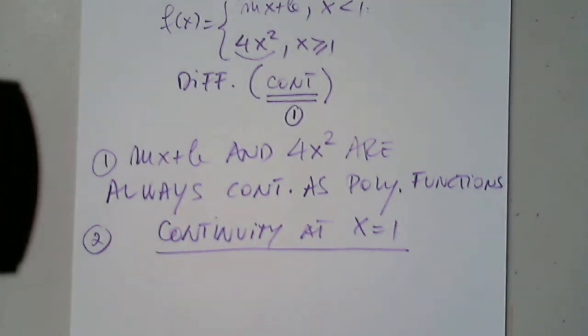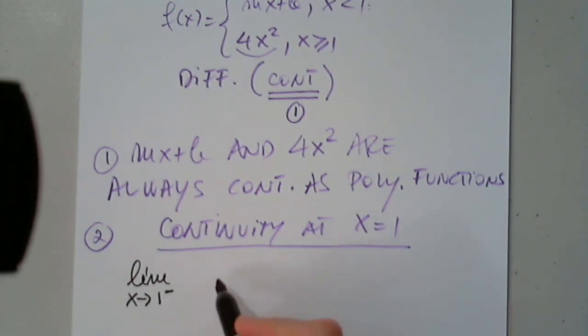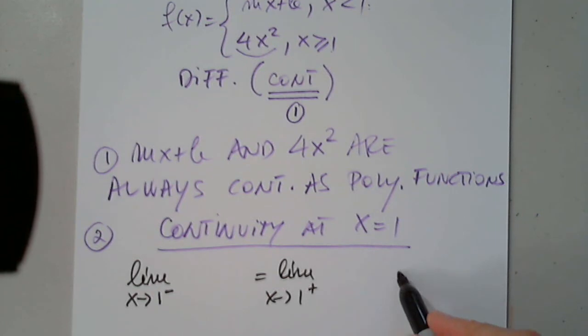So can anyone give us the definition of continuity at a point? Is it that its limits have to be the same from both sides? Yes, the limit from the left of 1 must equal the limit from the right of 1, excellent, must equal f of 1.